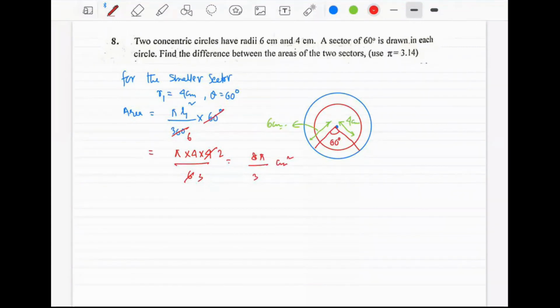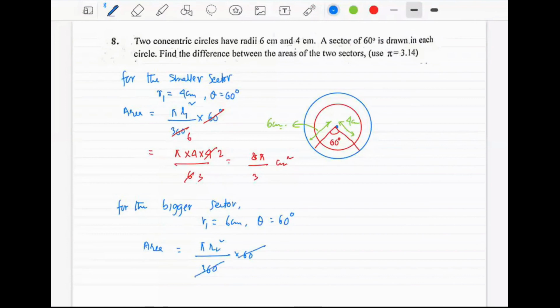What about the bigger sector? For the bigger sector, we have to make the radius longer, right? We have to take this whole thing, and the radius will be 6 centimeter. Theta is the same. If you find out the area, make it R2. We will have pi R2 square by 360 into 60. 60 and 360 get cancelled. There is 6 remaining.